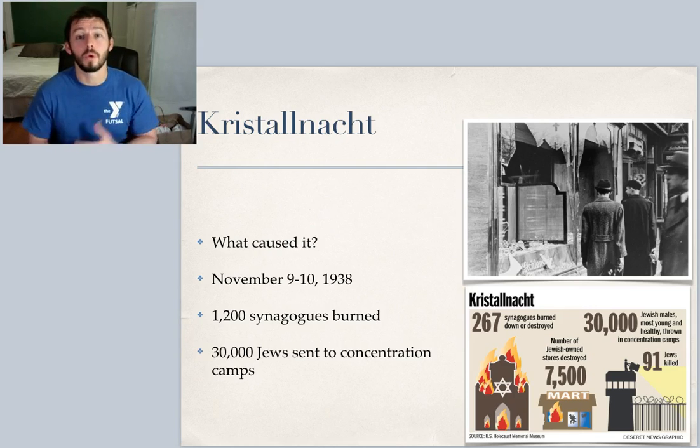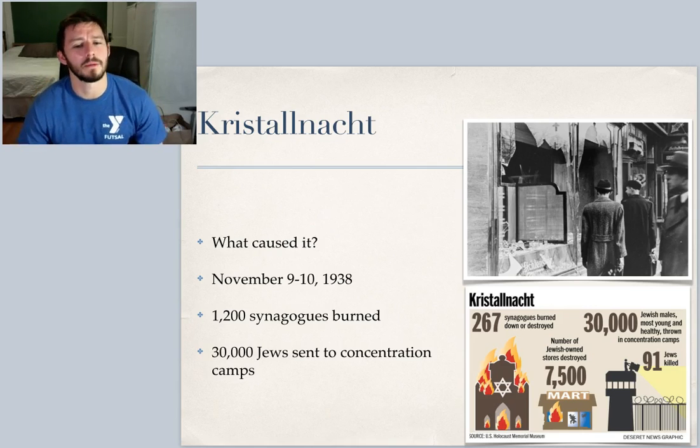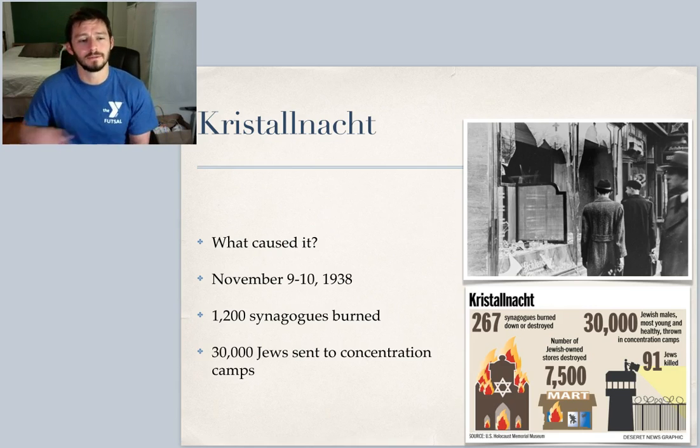That's why the broken glass comes from. But thousands of Jewish businesses and homes were burned, synagogues were burned, hundreds were murdered. It was a truly horrible time there in 1938.